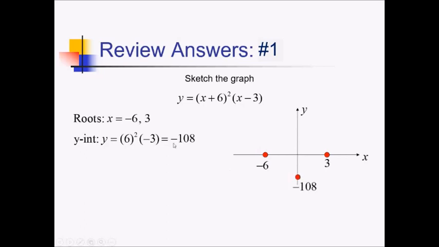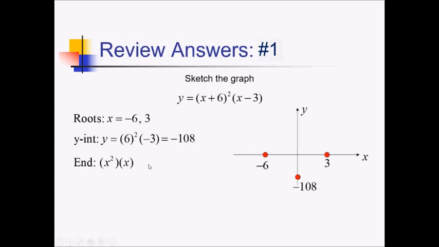Next, for the end behavior, we have to see what the degree of this thing is, which is to say when you multiply all the x's together, what's your exponent? We also need to know if it's a positive or negative first term. So basically, just ignoring these constants that go with the x's, we have an x squared times an x. That's going to give us our lead term, and that's going to be an x cubed.